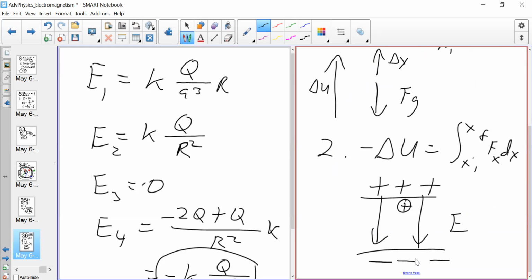So they go to the negative region. So the work done by this electric field is going to be equal to the negative change in potential. I'm losing potential here. This will be high potential or positive potential. This is the maximum, and this is low or ground, as we are going to get used to seeing as we go along. So this is high potential, this is low potential, this is ground. I'm coming down to the ground state or ground area or zero. This is like the ground.